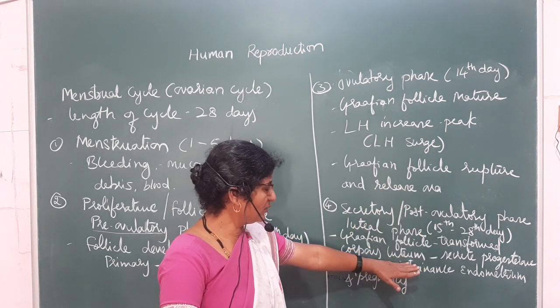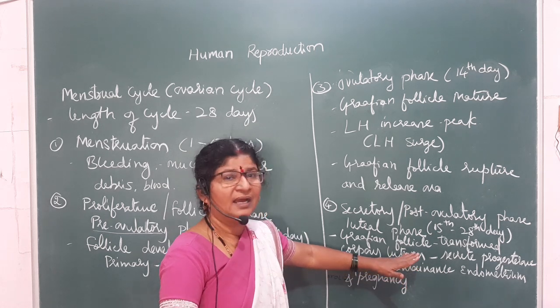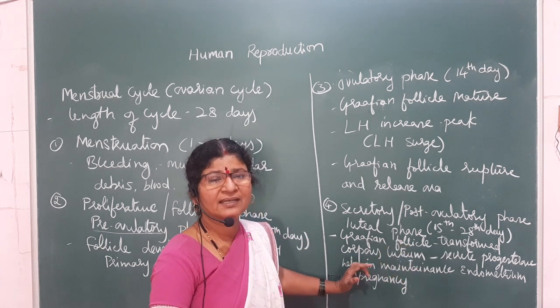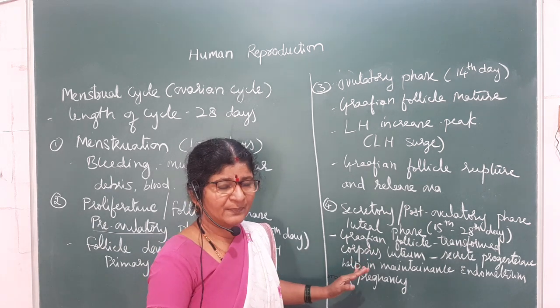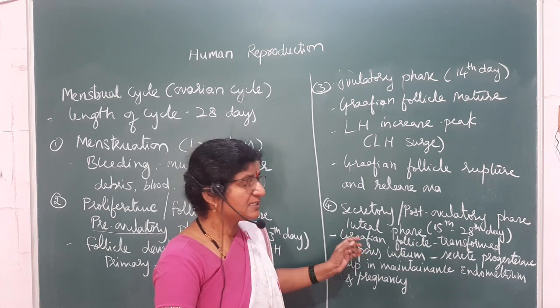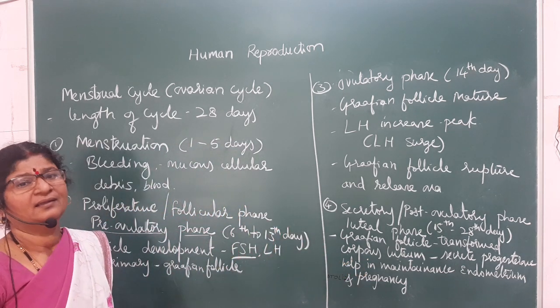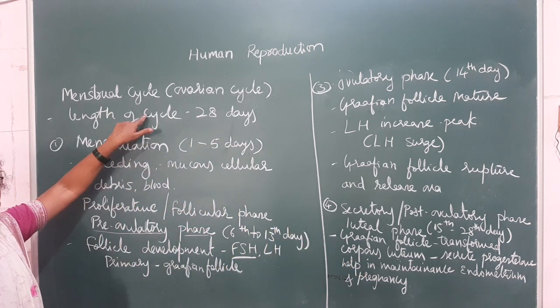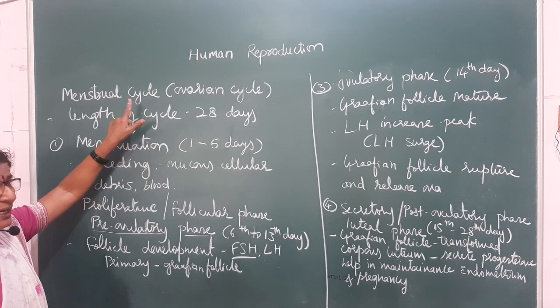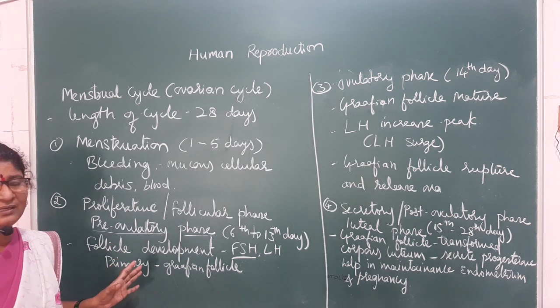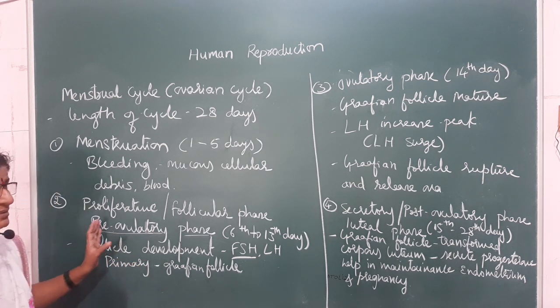The corpus luteum will get degenerated, and the degenerating corpus luteum will become corpus albicans, and then corpus atresia will take place. During that, the endometrium will get degenerated again. Day 1, that is menstruation, will begin. Again the cycle repeats. So this is about the menstrual cycle. Hope it is clear. Just go through it.